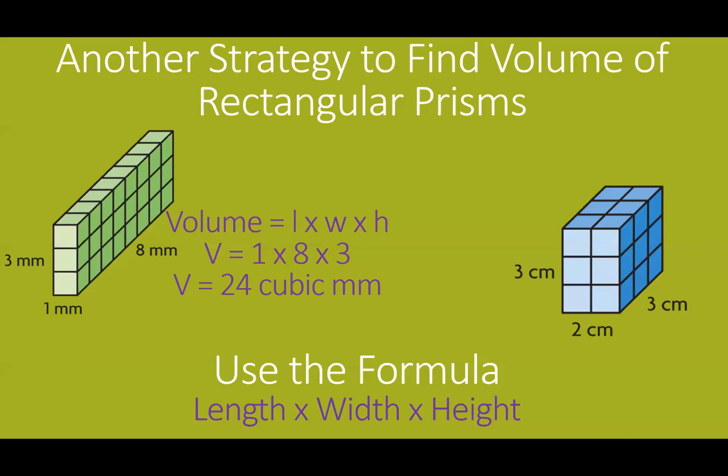This next figure, look at the length. We have a length of 2 centimeters. The width is 3 and the height is 3. So 2 centimeters times 3 centimeters times 3 centimeters. Do you see how many times I have centimeters? 1, 2, 3. Think about that.